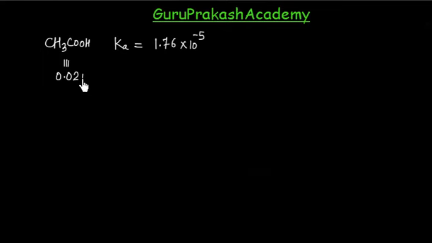Now let us discuss one problem related to the idea whatever we have discussed. Let us say I have acetic acid, CH3COOH, and the Ka value for this is given to you, that is 1.76 into 10 to the power minus 5, and the initial concentration of acetic acid is 0.02 M. Your task is to calculate the H plus concentration by different methods.